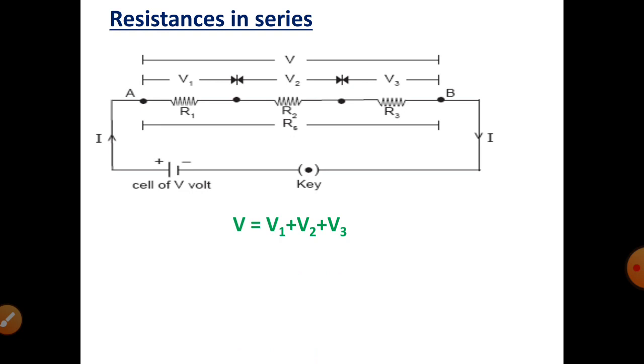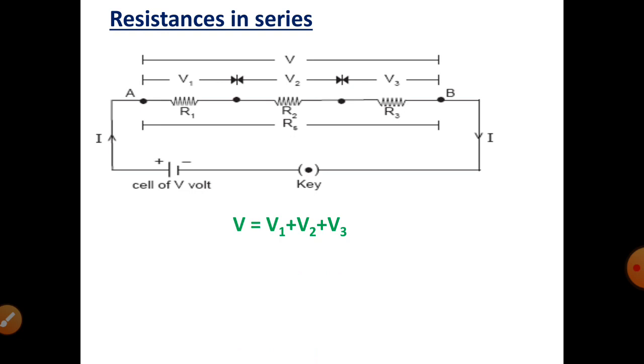Similarly, for R2, V2 is equal to IR2, and for R3, V3 is equal to IR3. And for the resultant resistance Rs of the combination, the potential drop across the combination is V and current through the combination is I. So total potential V is equal to I into Rs.